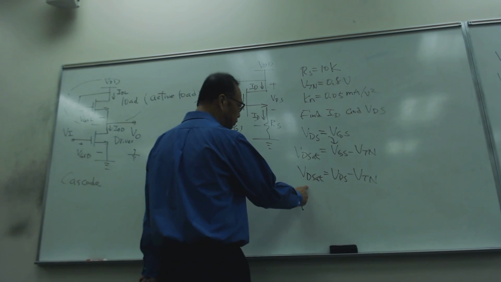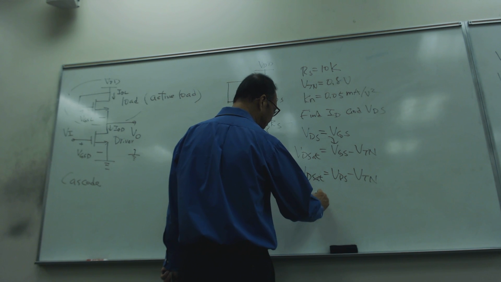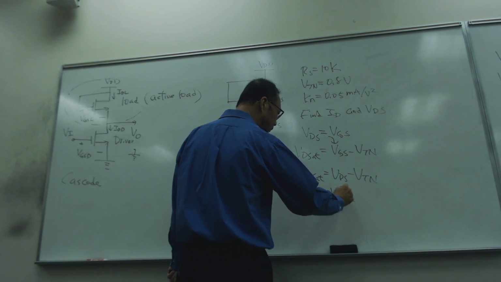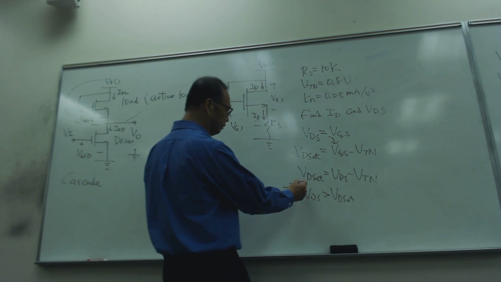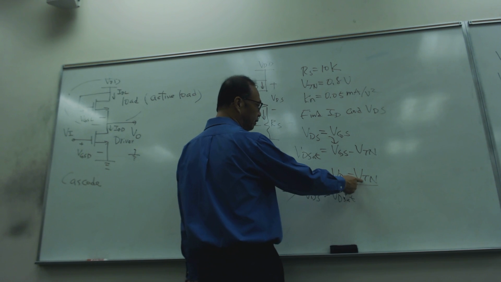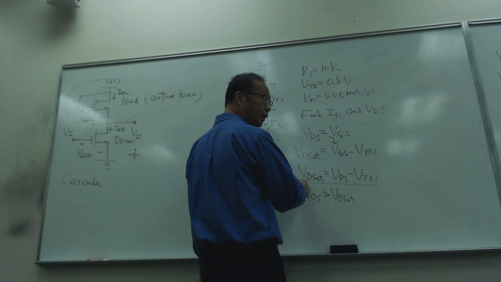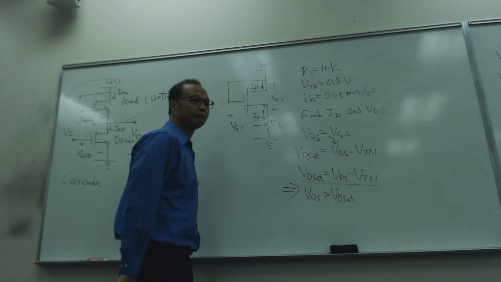From this equation, you know that VDS is always larger than VDSAT, because VTN is a positive value. So this must be larger than that, by VTN.